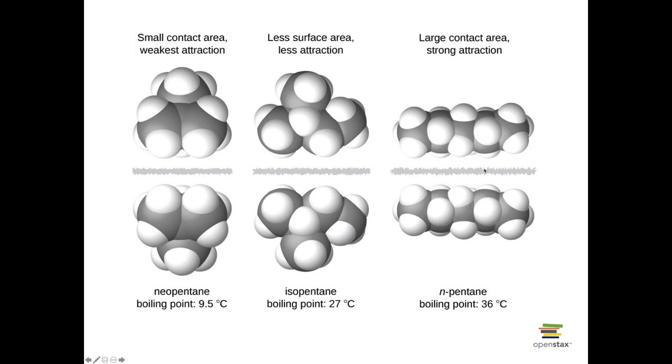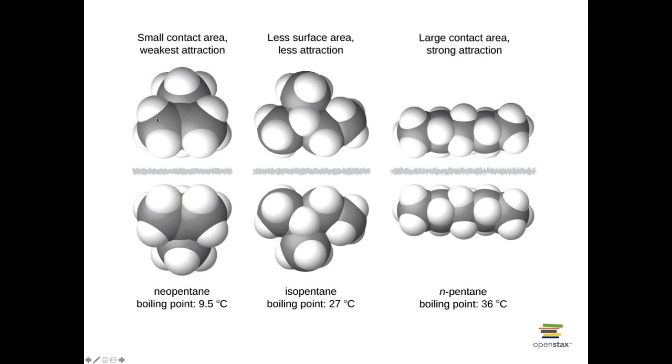So n-pentane has the largest contact area, the strongest dispersion forces attraction, because it really has to do with the attractions between two molecules, not really just their mass, but how much the electron shells can attract each other for dispersion forces. So this has the strongest attraction because of the largest contact area, because this is the least compact molecule, so that has the highest boiling point.